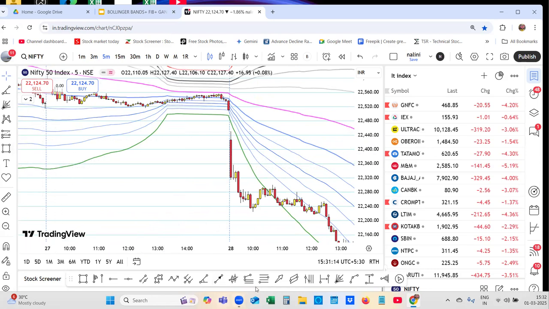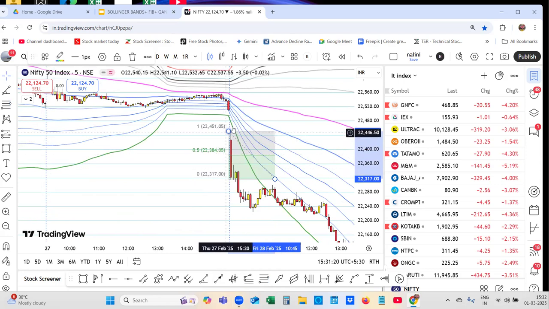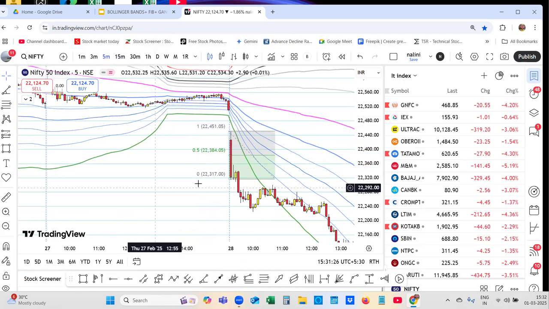Here, with the Gann angle, I'm explaining again. I'm dividing this 5-minute candle into half. For that, I've explained. I take the Fib tool and tweak it to only 0.5 and 1.